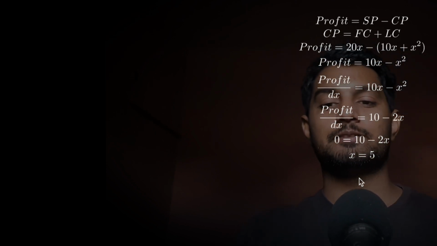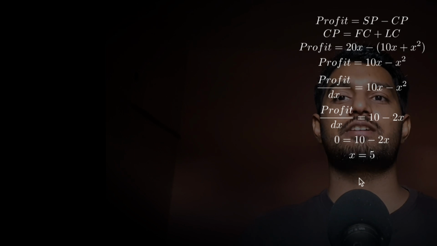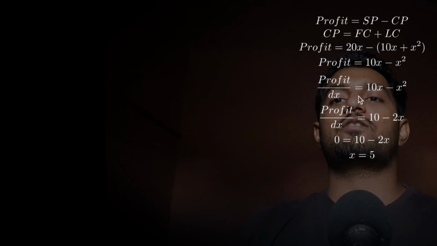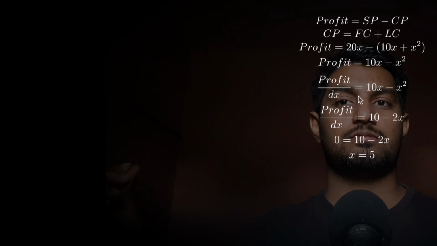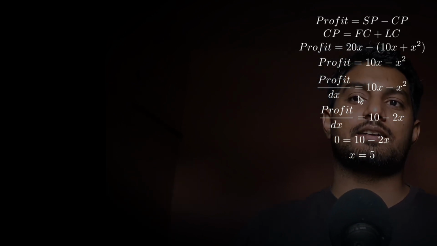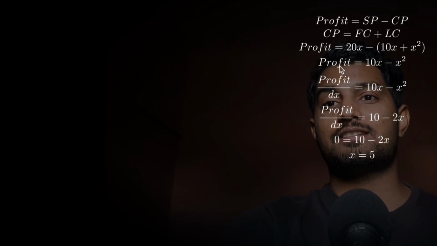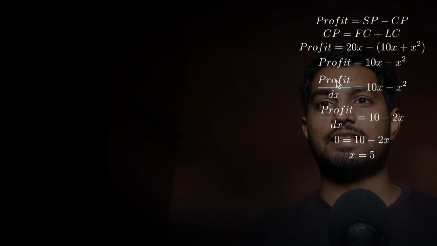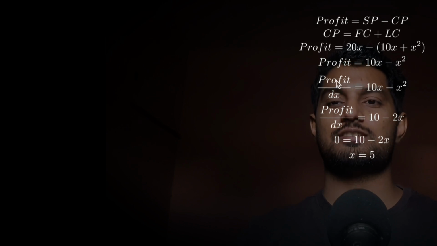And how did we solve it? By using differentiation. So what is differentiation saying over here? The rate of change of profit with respect to the number of products I'm making, right? And where this rate becomes 0 is where the profit is maximum, right? At that point there is no change happening.